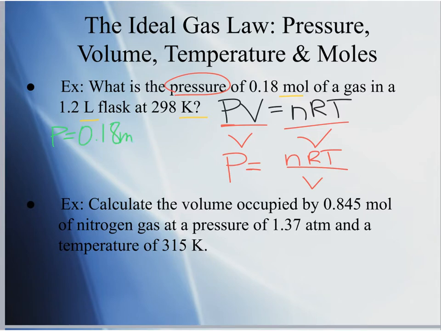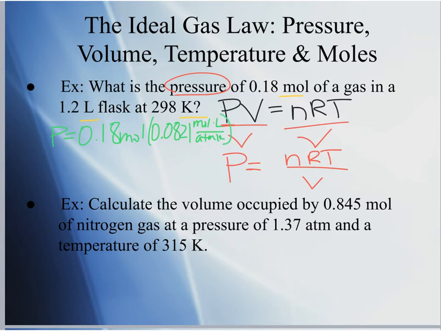All right, so n is 0.18 moles. R is our constant, 0.0821, and that is mole liters over atmosphere Kelvin.